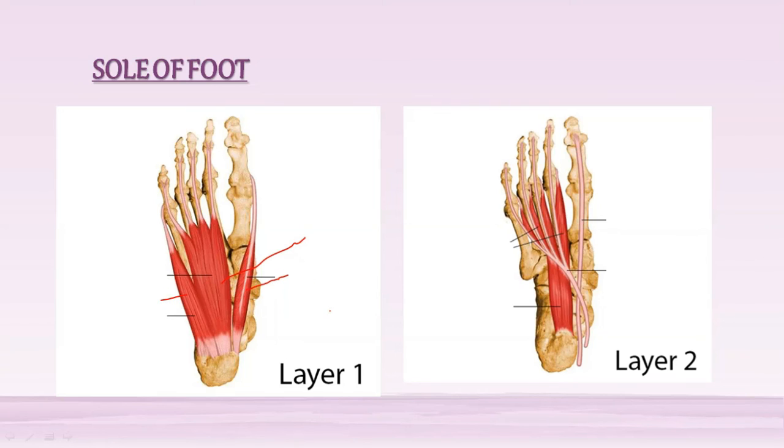The muscles which are present in the second layer are quadratus plantae and lumbricals. Quadratus plantae arises from the calcaneus and inserts into the tendon of flexor digitorum longus. Lumbricals arise from the tendons of flexor digitorum longus and insert on the digits.